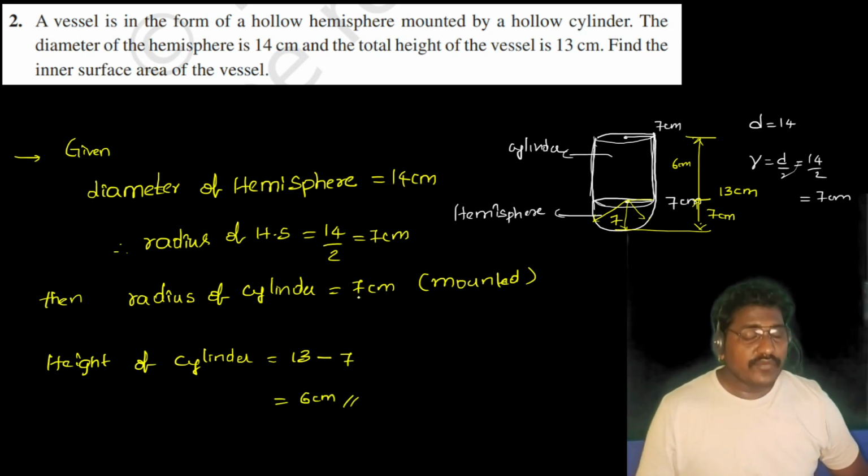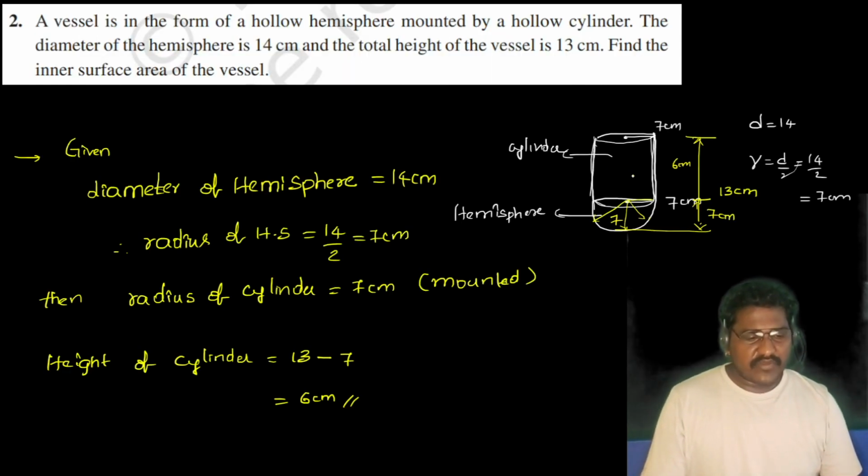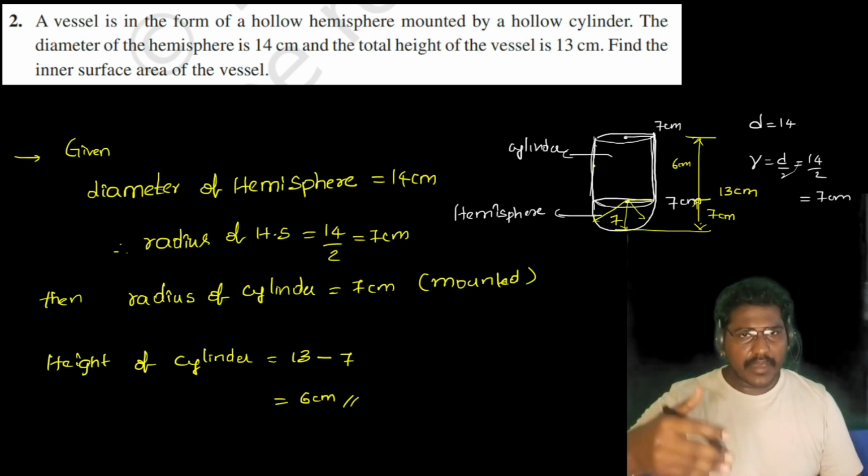Now what we have to find in this question? In this question we have to find the inner surface area of the vessel. Even though it is inner surface area or outer surface area, for this type of figure it is the same, because surface area means where we can touch with our hand, the part of the shape where we can touch the figure.